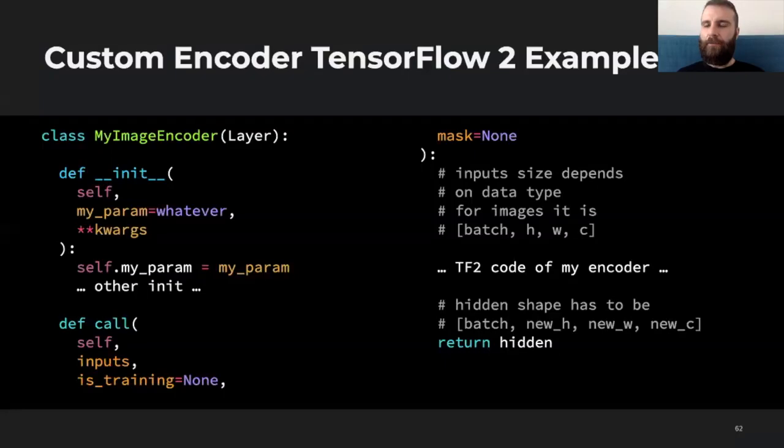In the case of text, it will most likely be batch, sequence length, and hidden size of the last layer. If you conform with this structure, so providing a tensor as input and a tensor as output, you can put inside whatever code you want for your encoder, and then this will be available directly in the Ludwig model definition for you to use.